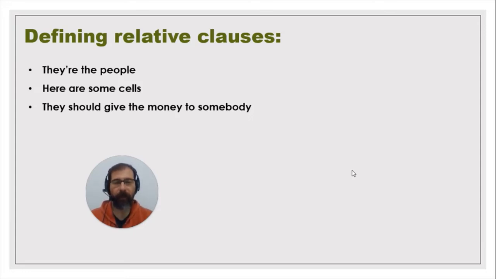In this case, we cannot fully understand the meaning of these sentences. When we say here, they are the people, who are the people we are referring to? Here are some cells. What are these cells we are talking about? They should give the money to somebody. Who should we give the money to? We need more information to make it clear who or what we are talking about.